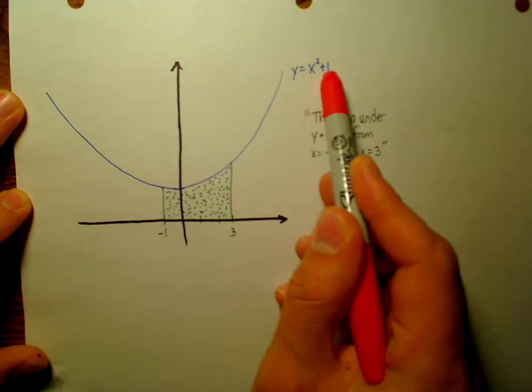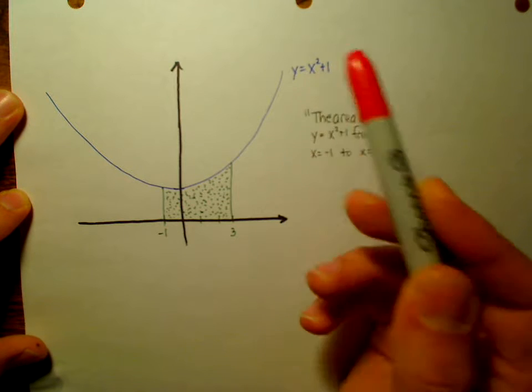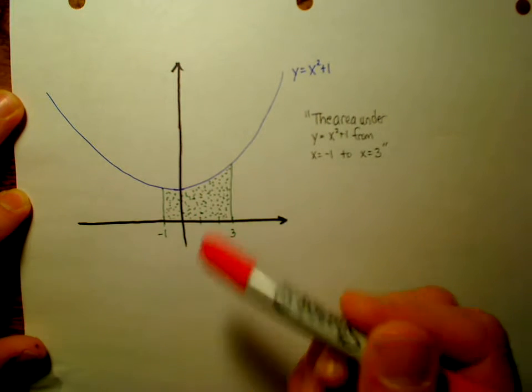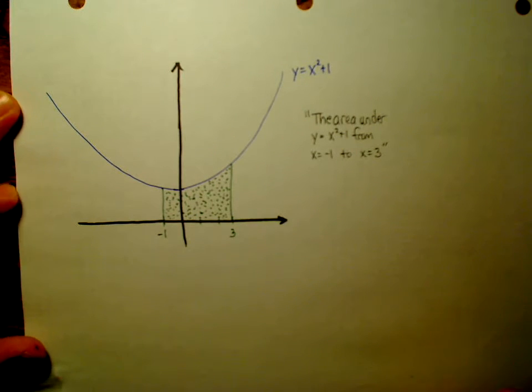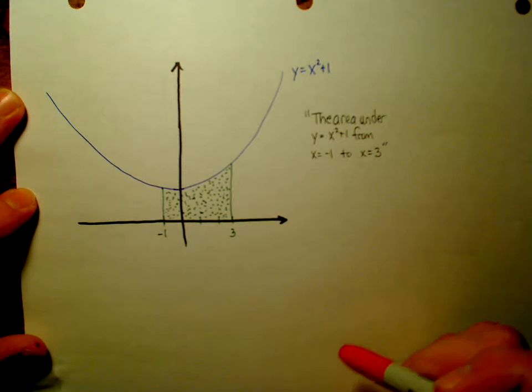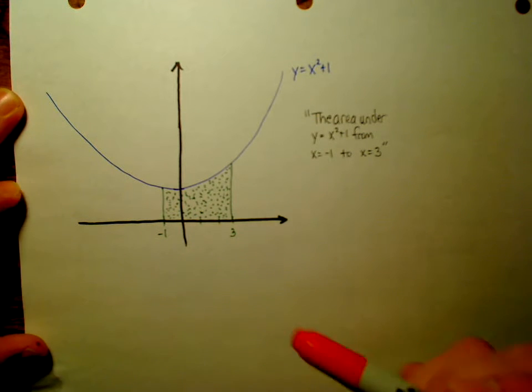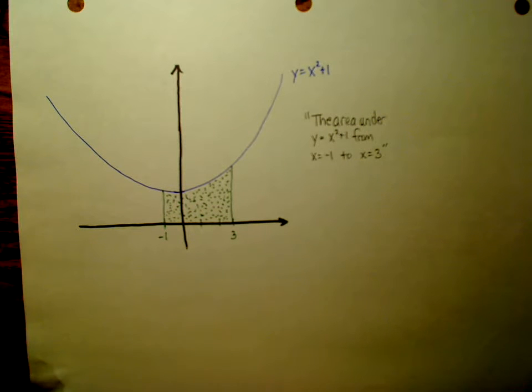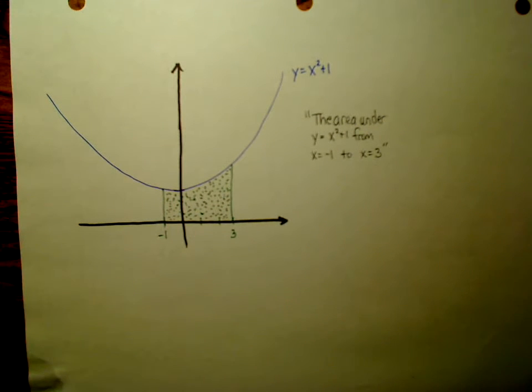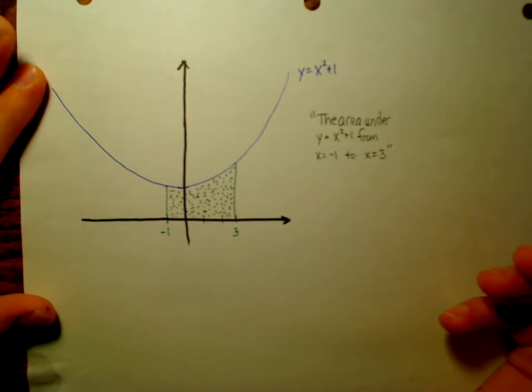If this is a velocity at time x, the area is going to correspond to the distance traveled, or actually displacement. This is going to be the position. And so these have meanings outside of just areas, but area gives us a nice geometric interpretation of what we're about to do. So that's why I like starting there.